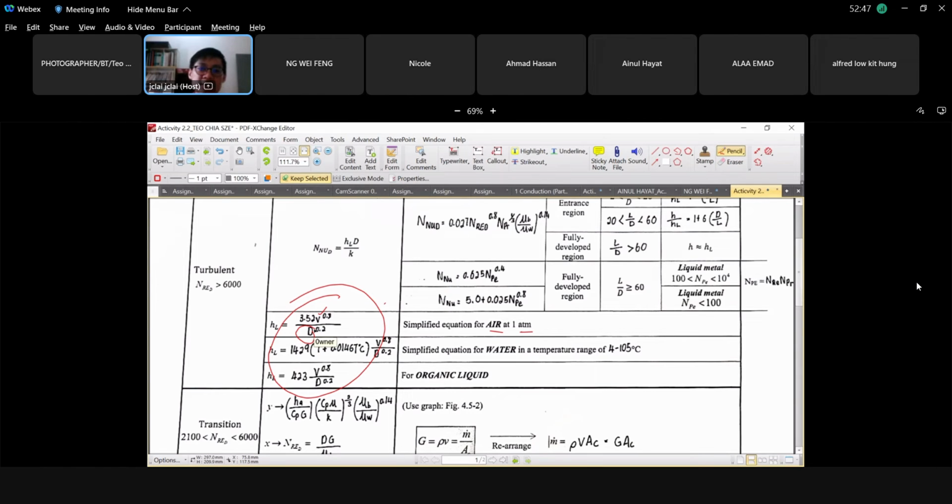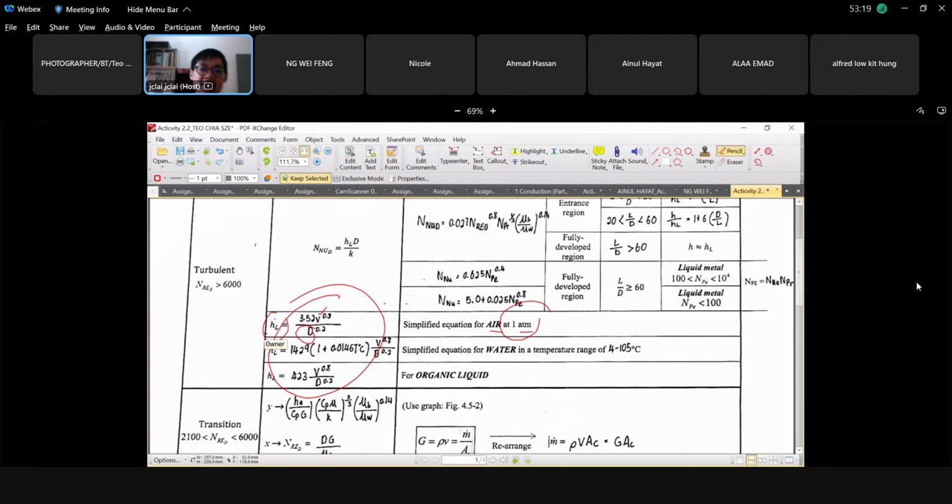For engineers, if you go to the site and you want to estimate the h, for your case you know it's air at 1 atmospheric pressure, you know the flow velocity, you know the pipe diameter, then straight away you can estimate the h value. All these are for quick reference, to ease your job as an engineer.